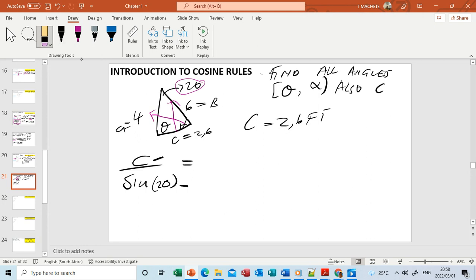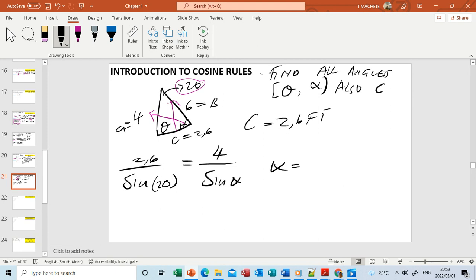The sine rule tells you that this angle must be the opposite angle and the side must be given. So we have that. Then you say 4 over sine alpha, because you're looking for alpha. So instead of writing C there, you write this. Then you make alpha the subject of the formula.